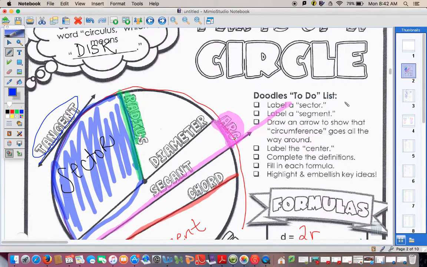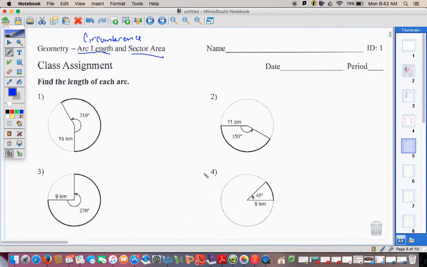So it's a part of the entire area of a circle, and because it's a part of the area, we're using the area formula. So circumference, if we recall, is 2 times pi times r, and the area, again, is pi r squared.